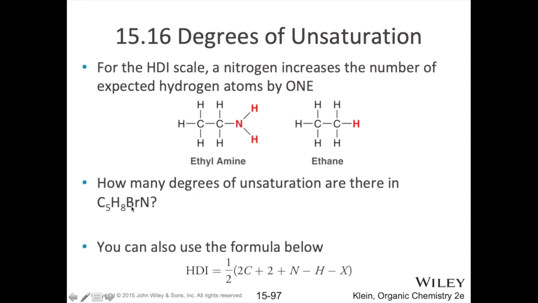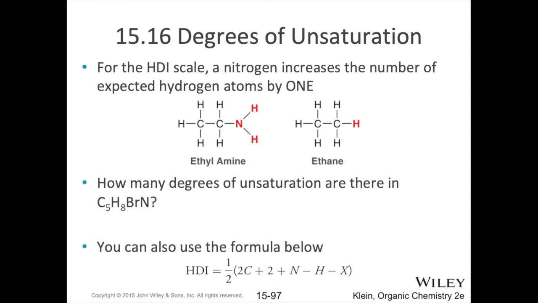We can treat that bromine as a 9th hydrogen, and keep in mind that the nitrogen means that you should have an extra hydrogen. So instead of 12 hydrogens, there should actually be 13. Instead of 13 hydrogens, we have only 9, if we treat that bromine like a hydrogen, so we're off by 4.